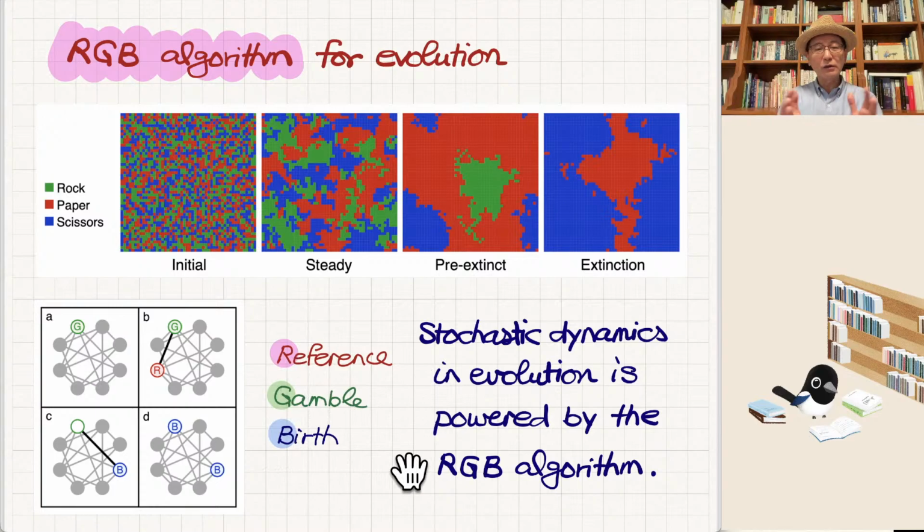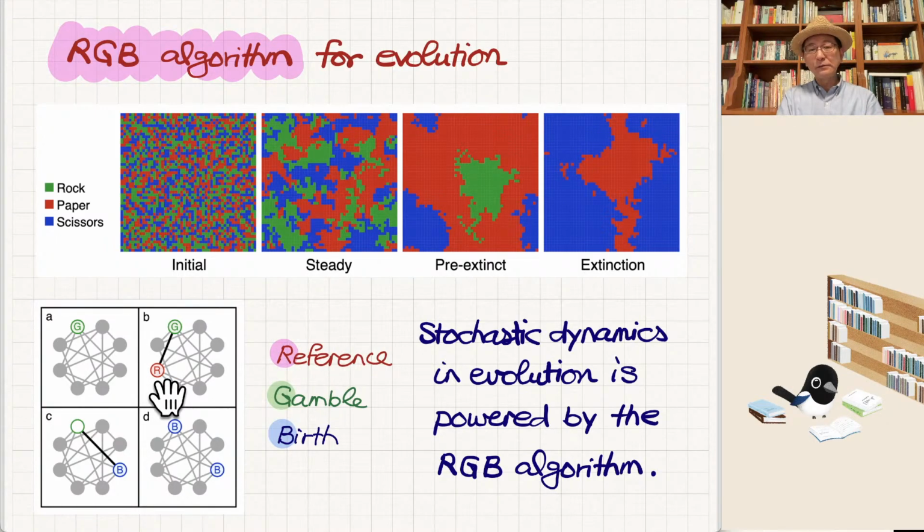In short, we call it the RGB algorithm. Of course, we particularly chose the name so that it represents the colors RGB. So how do you update? First of all, as you can see here, you pick someone to gamble. And how do you decide whether the gambler here will be annihilated or survive? You pick a reference. So the gambler and the reference will compete.